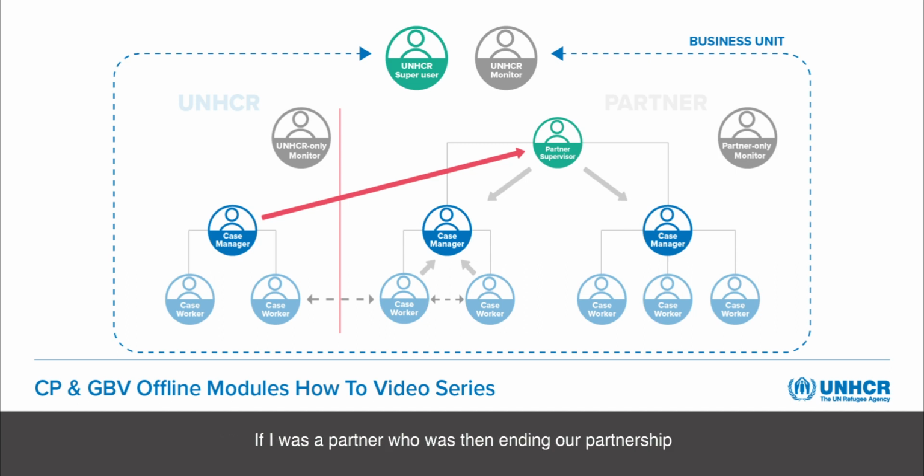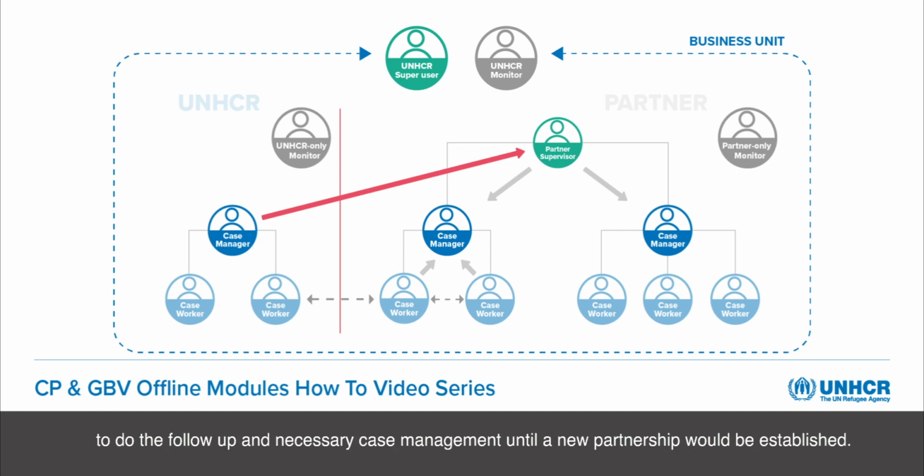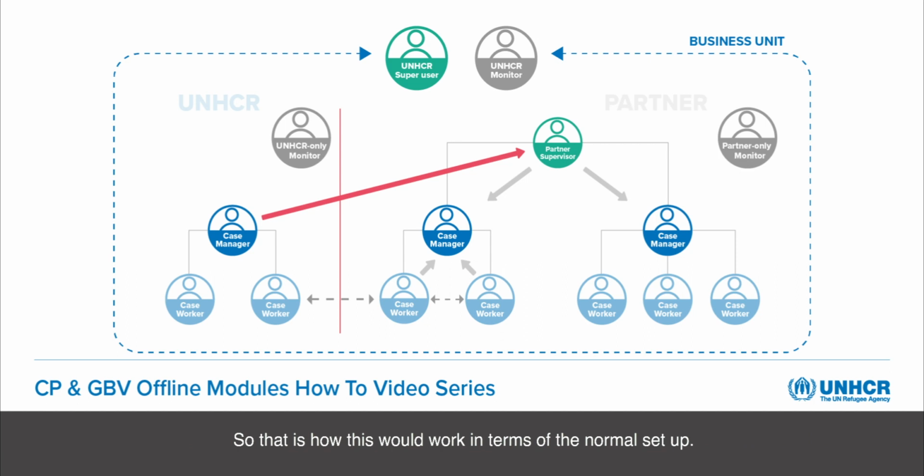If I was a partner who was then ending our partnership and there was no other partner to share the files with or to transfer them to, then we could also, in agreement that would be made as part of the finalization of the partnership, transfer the files from the partner caseworkers to then the UNHCR caseworkers to do the follow-up and necessary case management until a new partnership would be established. So that is how this would work in terms of the normal setup.